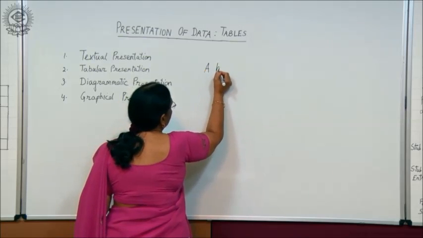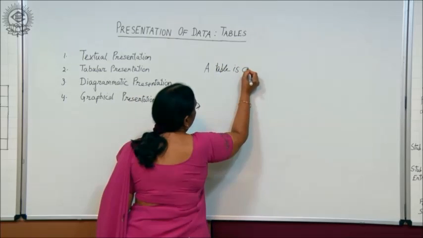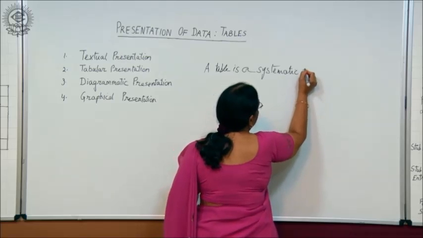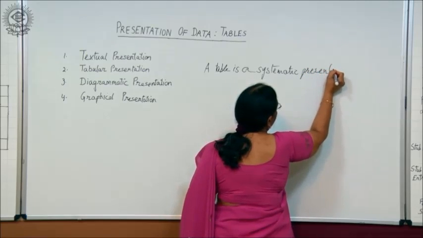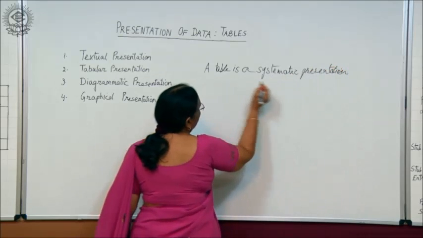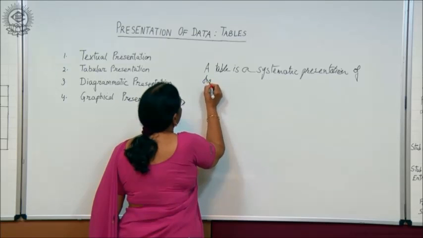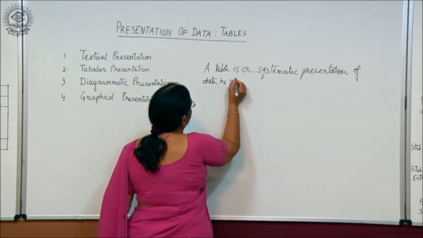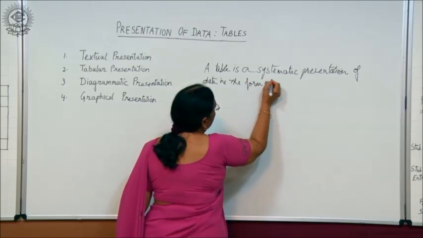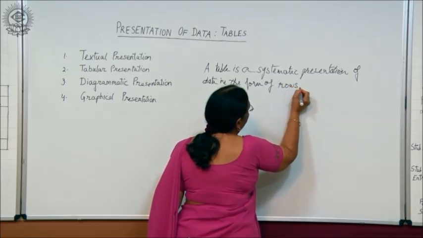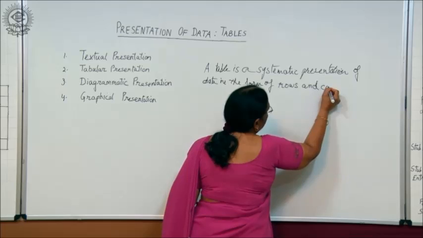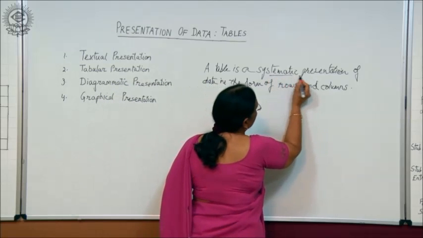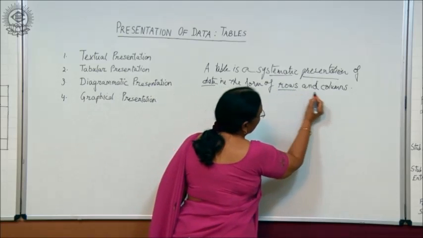A table is a systematic presentation of data in the form of rows and columns.